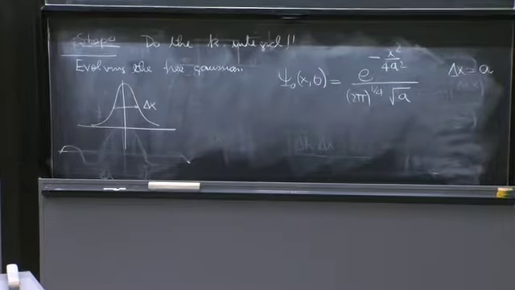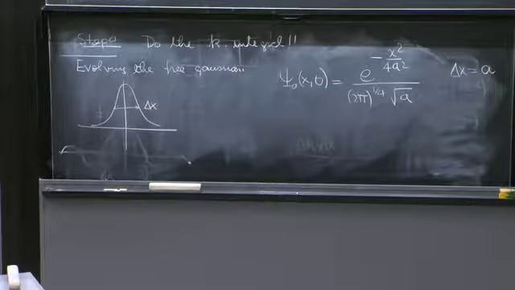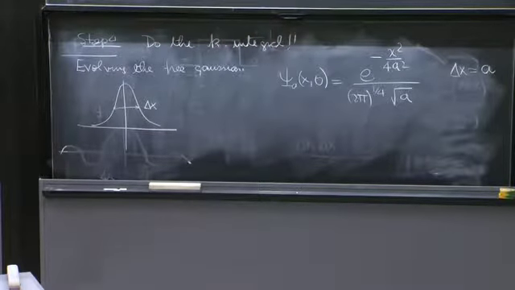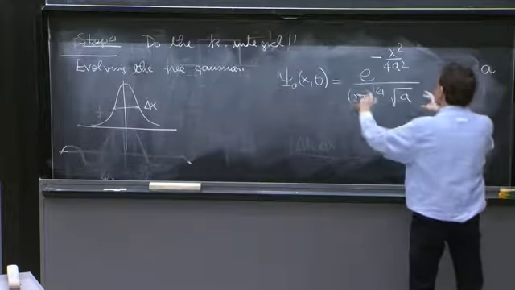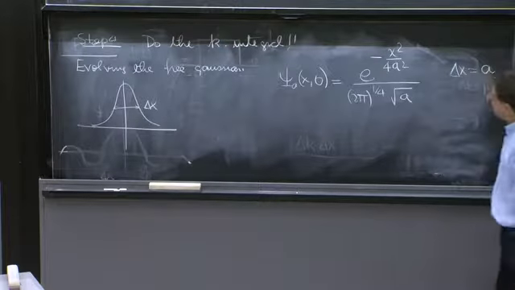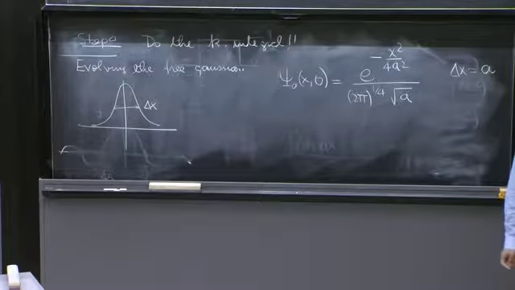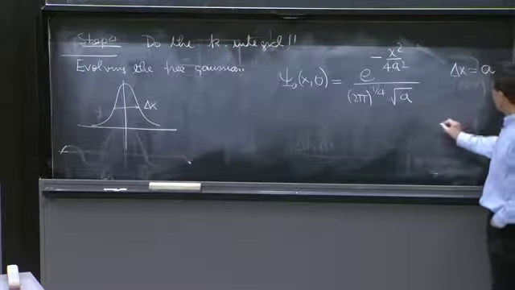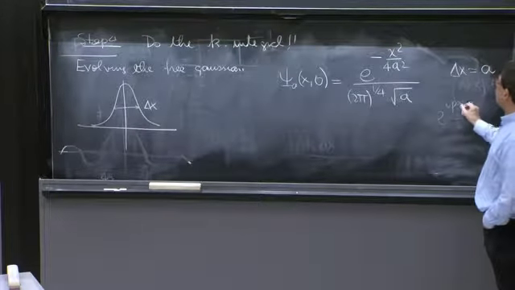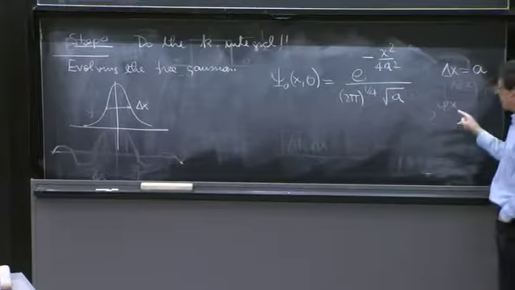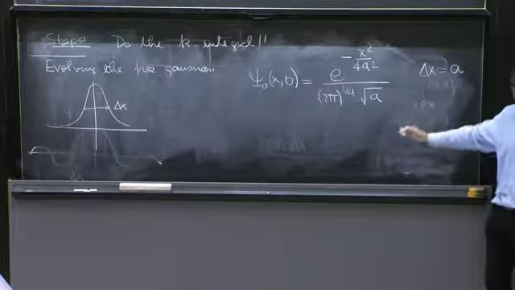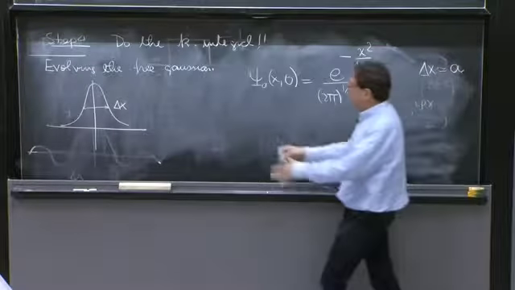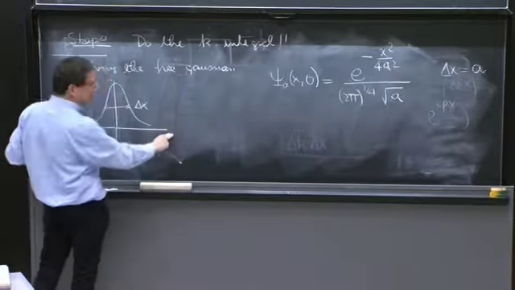And now you have a Gaussian that you have to evolve. And what's going to happen with it? This Gaussian, as written, doesn't represent a moving Gaussian. To be a moving Gaussian, you would like to see maybe things of the form e to the i px that represent waves with momentum. So I don't see anything like that in this wave function. So this must be a Gaussian that is just sitting here.